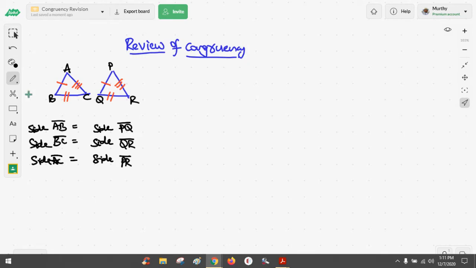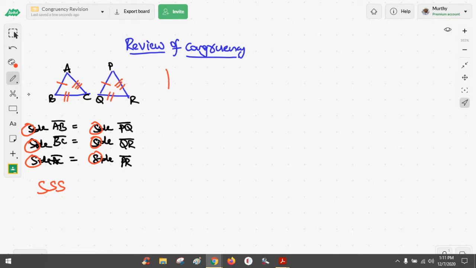Means the markings are telling me. And here side equals side, side equals side, and side equals side. We call this the SSS postulate. That means in two triangles, three sides of one triangle are respectively equal to three sides of another triangle. We call that they are congruent.